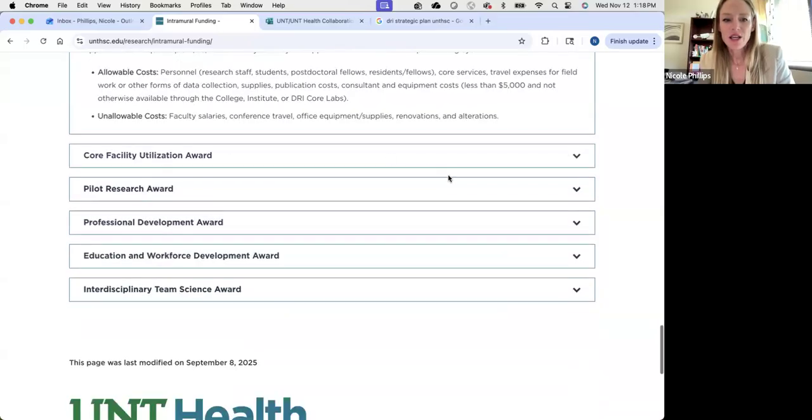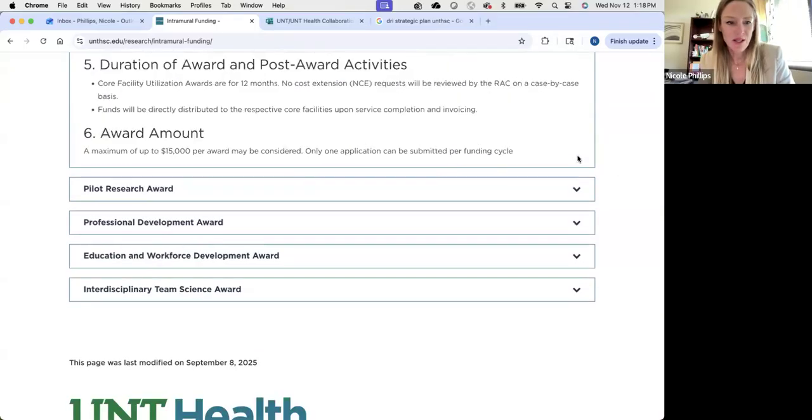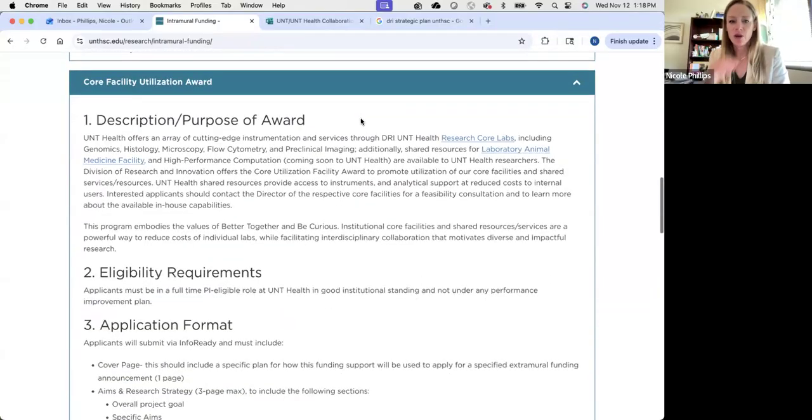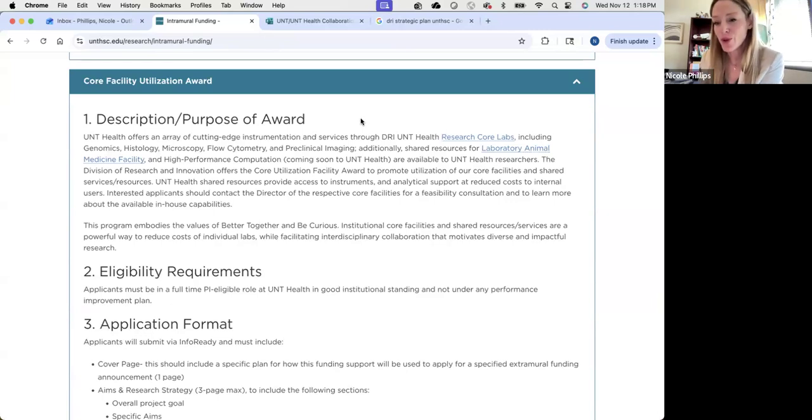So the Core Facility Utilization Award is the next one on the list. Again, pretty self-explanatory, but this is just hoping to help encourage our faculty to capitalize on some of the resources we do have here locally, which include the research core labs. These links are live, so they'll bring you out to the pages that actually detail the resources themselves.